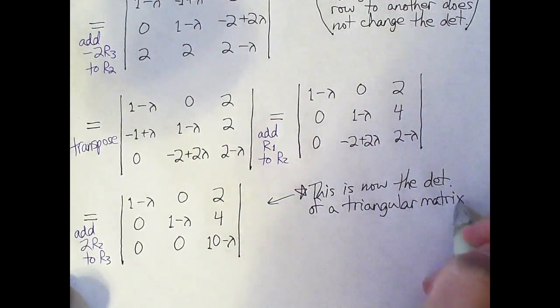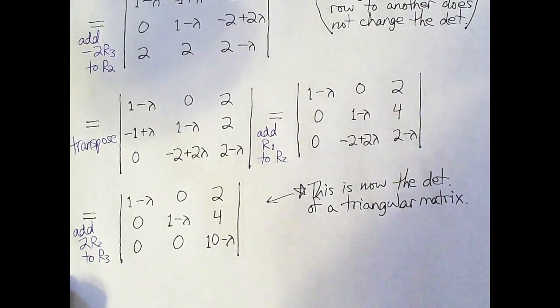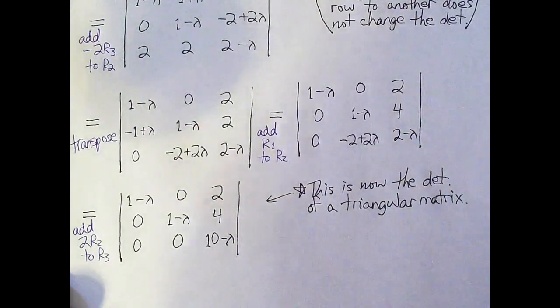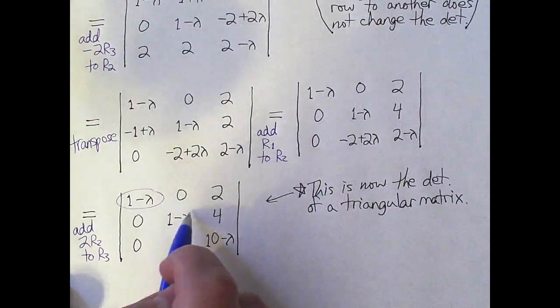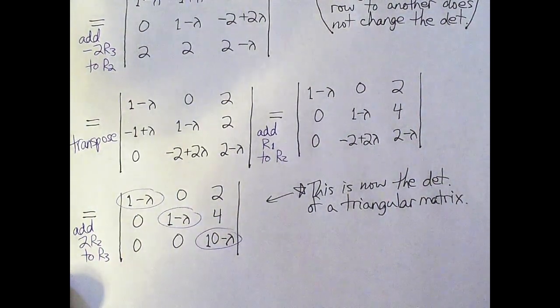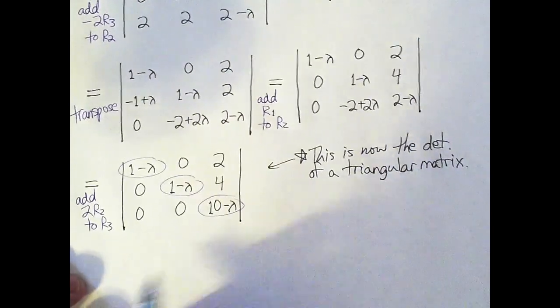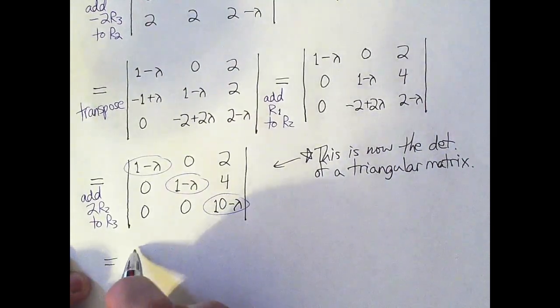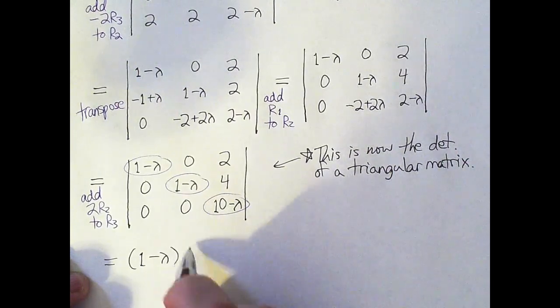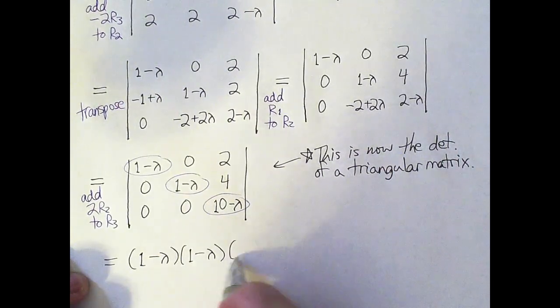This is now the determinant of a triangular matrix. Remember we had a fact about determinants of triangular matrices? It was a theorem, and it basically said, take the diagonal entries and multiply them. So this determinant must equal (1 minus lambda)(1 minus lambda)(10 minus lambda).